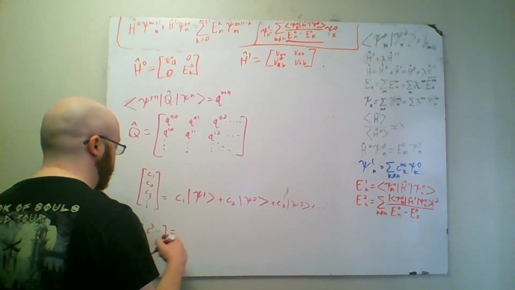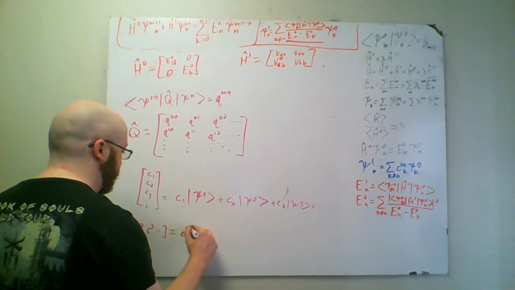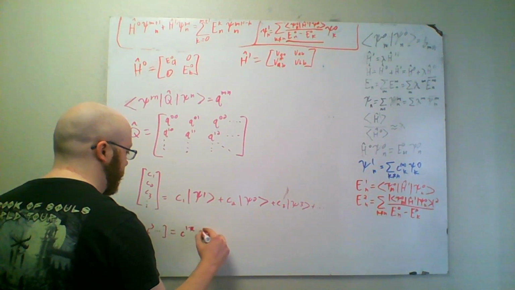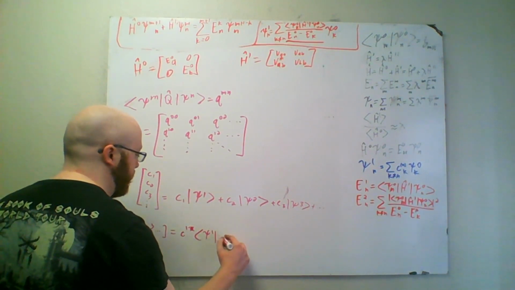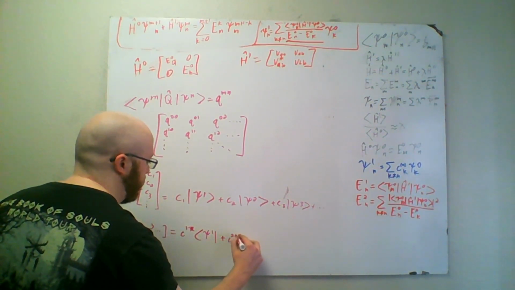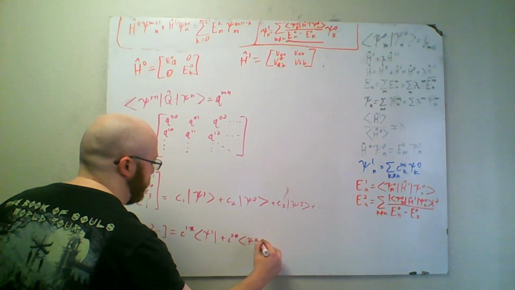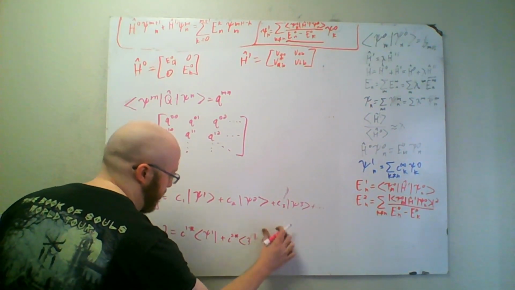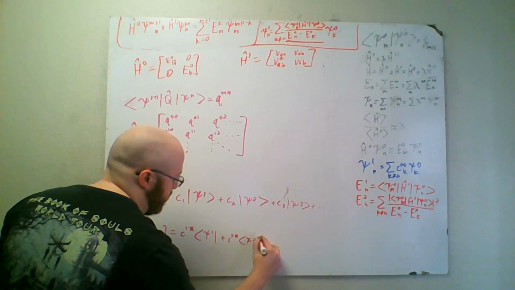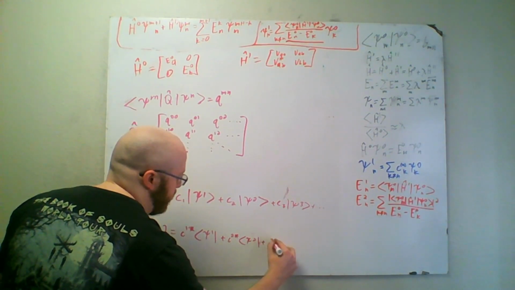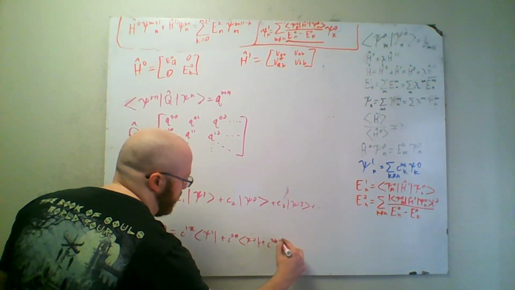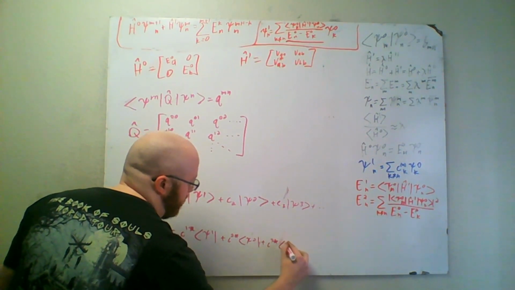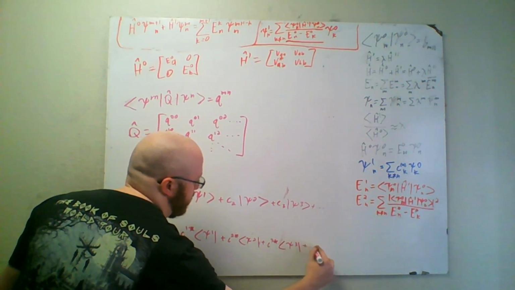Okay, so anyway, this gives you C1 conjugate psi1 plus C2 conjugate psi2 plus C3 conjugate psi3.